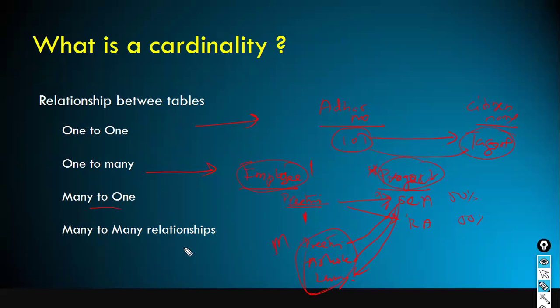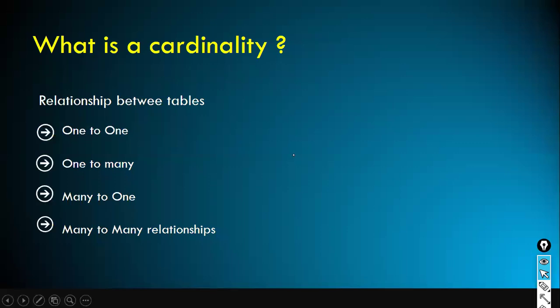So next is the many-to-many relationship. Give me an example for many-to-many. The same thing: employee and project, take the same thing here. We combine these two things, one-to-many and many-to-one. Multiple employees, for example employee one, employee two, employee three, are working in a single project, supply chain analytics.